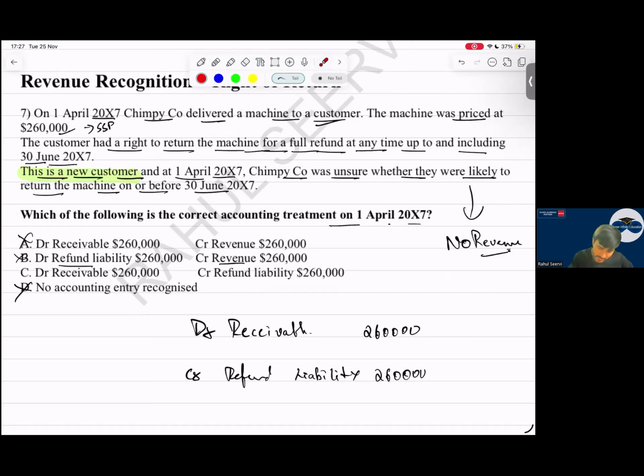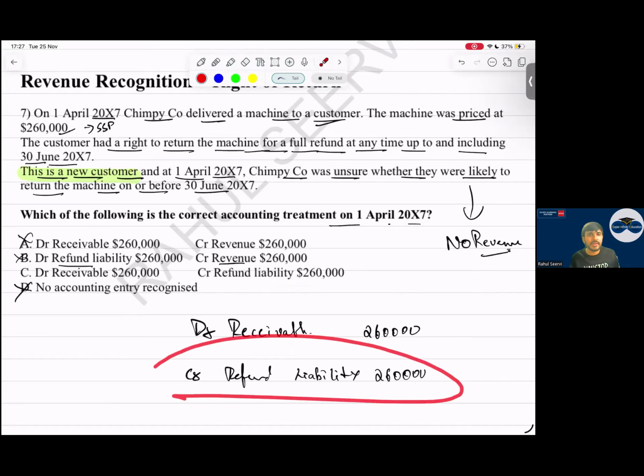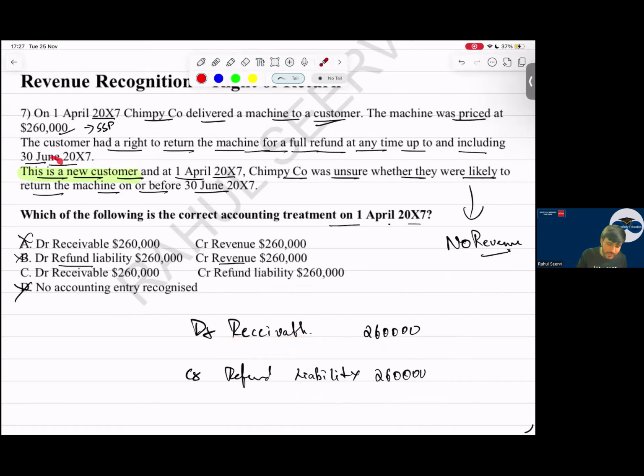Here we will not recognize revenue; we will recognize the receivable and the refund liability, because it is difficult for us to judge whether the goods will be returned, and it is unsure. As a company selling, I'm unsure what to do. So the answer is C, the right option.